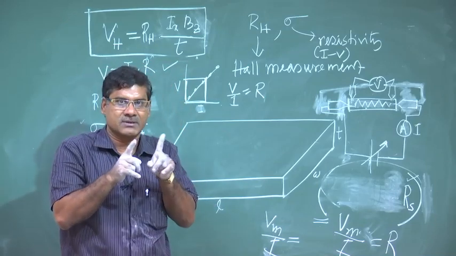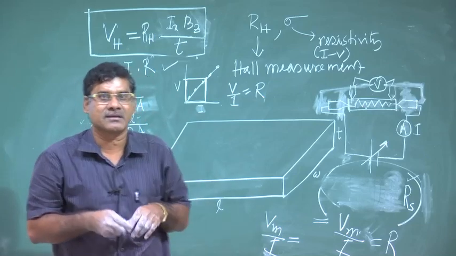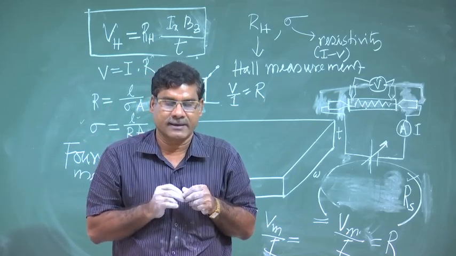So, there are 2 ways, one is the linear 4 probe method, another is called the Van der Pauw method. Okay.